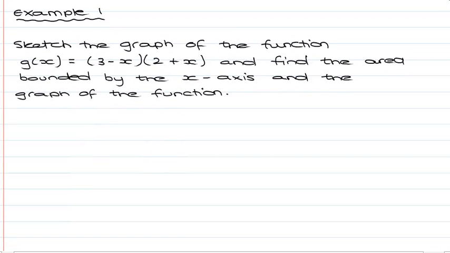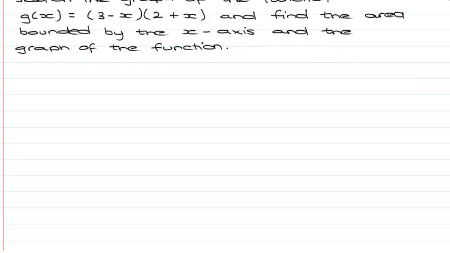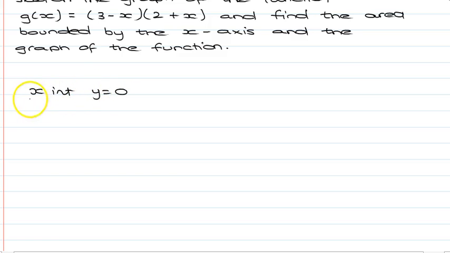Example 1, we're going to sketch the graph of the function g of x equals 3 minus x multiplied by 2 plus x. We're going to find the area bounded by the x-axis and the graph of the function. First thing we need to do is find the x-intercepts. To find intercepts, we want to substitute 0 into the equation.